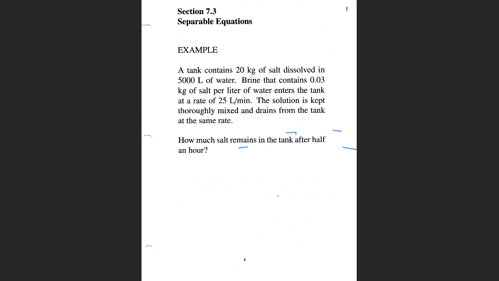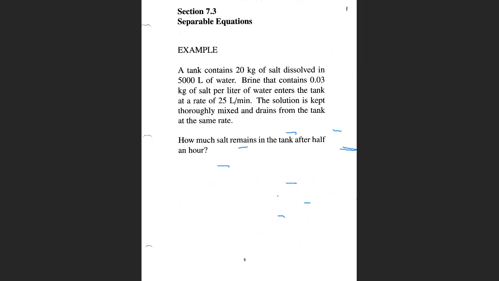Brine, which is like a salty solution, contains 0.03 kilograms of salt per liter. That brine enters the tank at a rate of 25 liters per minute. The solution is kept thoroughly mixed and drains from the tank at the same rate.